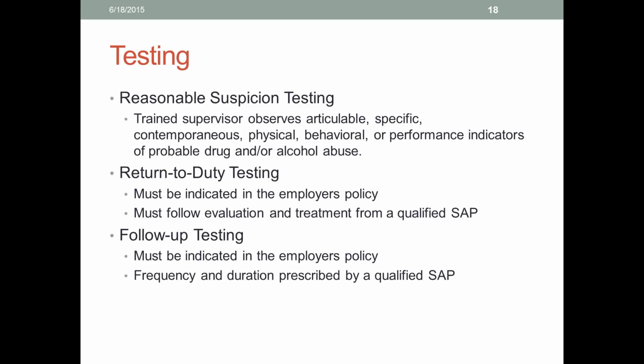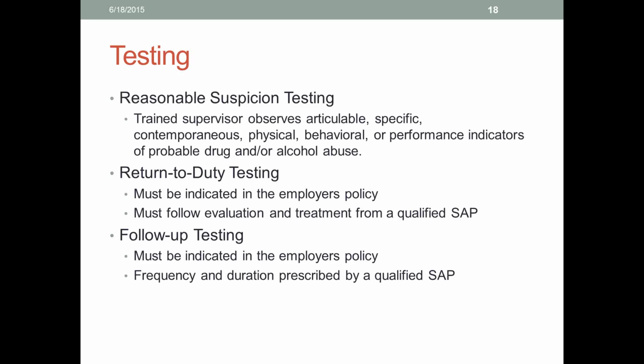And then return to duty testing. Return to duty testing, like we talked about, is for return to duty and follow-up testing. Not every safety-sensitive employee may be subject to that. The drug and alcohol testing policy is going to determine whether you have zero tolerance or second chance. If you're a second chance policy, then return to duty testing and follow-up testing will be required.